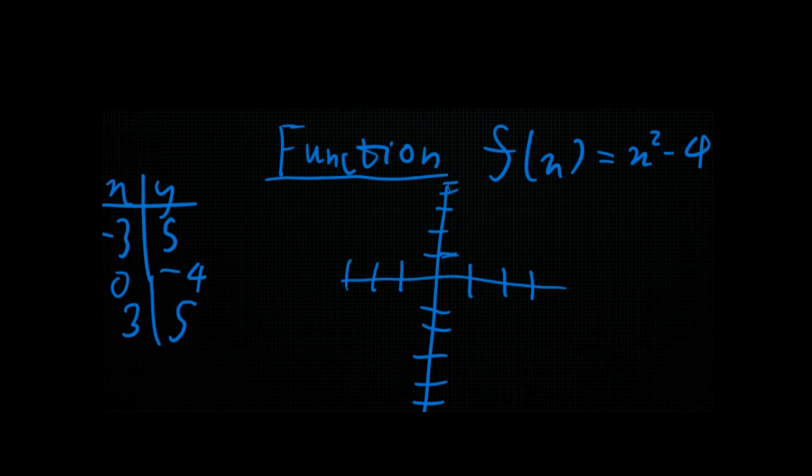So here, negative 3 will be positive 5 on the negative x-axis, which will be over here.